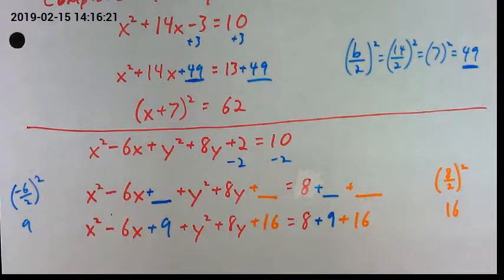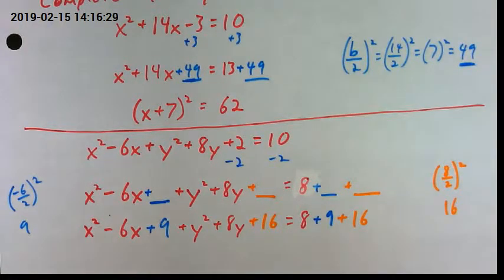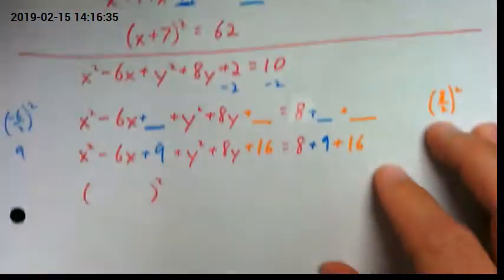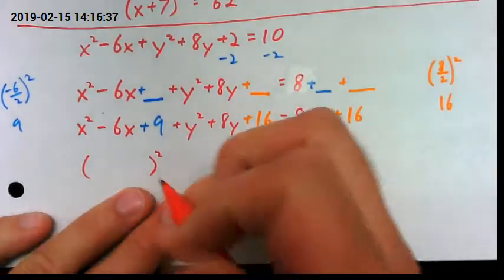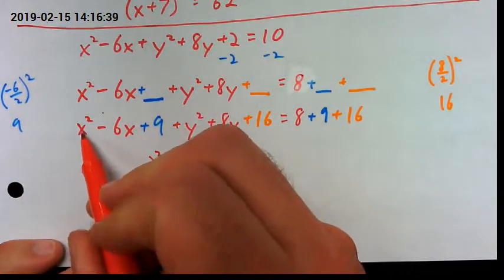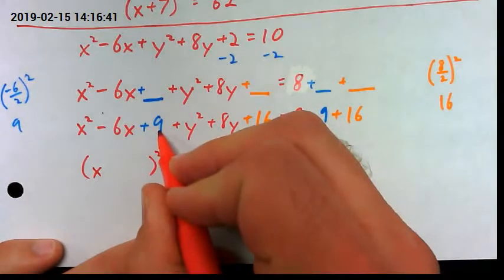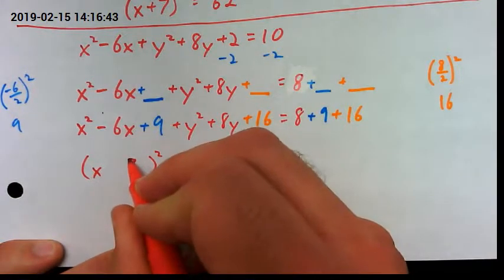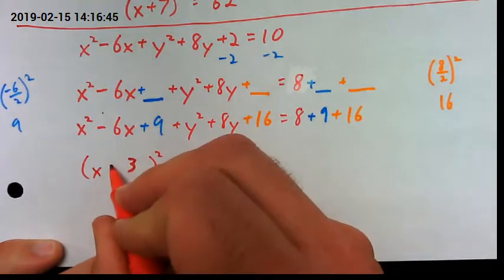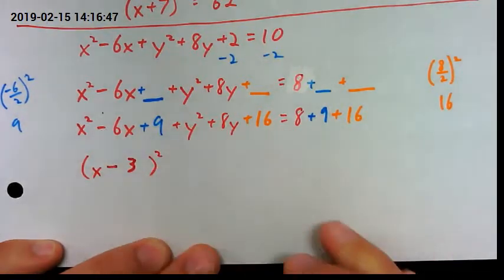Yep. So, we're going to change this left side of the equation to 2 different binomials that are being squared. So first for the x's, what's the square root of x squared? What's the square root of 9? 3. What's the sign in the middle? Minus.